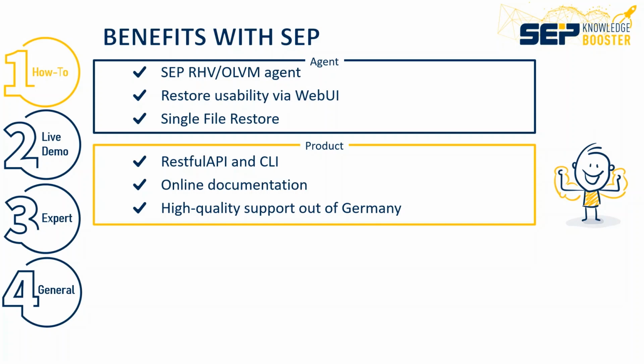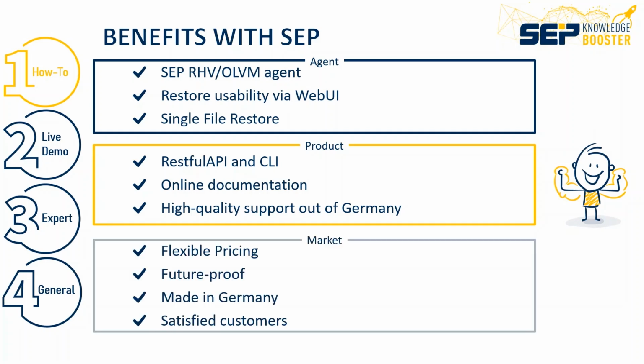And SEP provides high quality support directly from Germany, here from the environment of Munich. Well, and then at the market, we can provide a very flexible pricing. We always find the right price from SMB up to the enterprise market. And it's also future-proof. That's our huge support matrix, which helps to fit in almost every heterogeneous environment and whatever is coming up in the future.